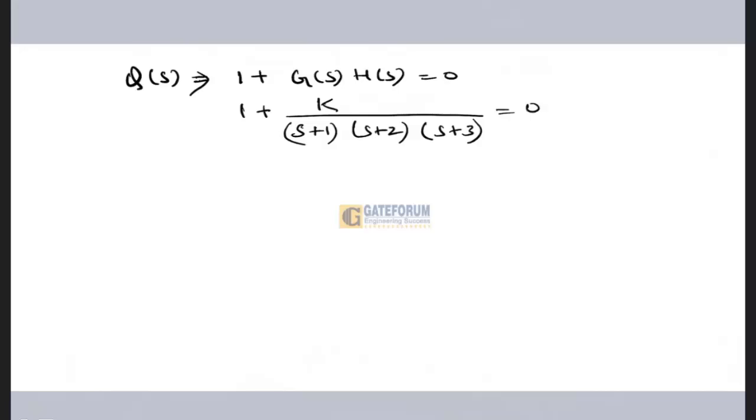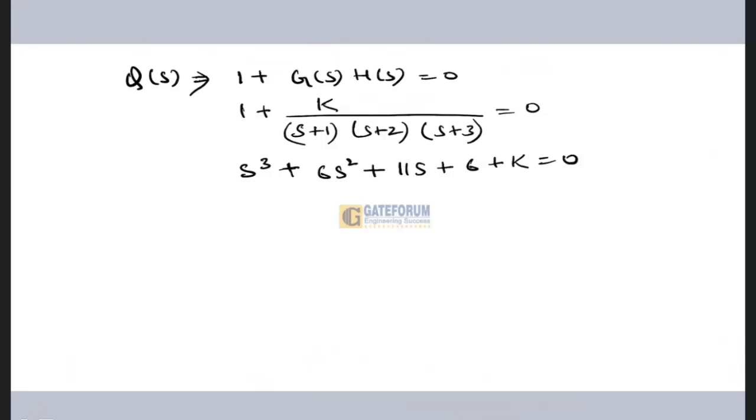So here I'll get s cube plus 5s square plus s square is 6s square, then 6s plus 5s is 11s, and 3 times 2 is 6, 6 plus K. This is the characteristic equation.